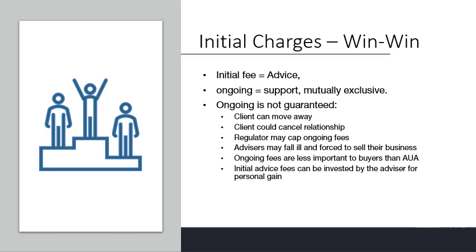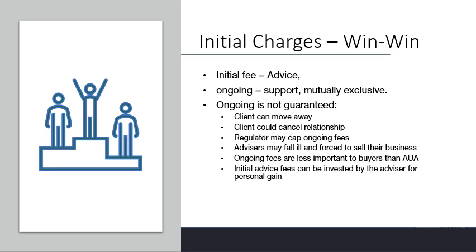Ongoing fees are less important to buyers of your business than assets under advice. They would rather buy your assets that the clients have invested than necessarily the fees they're looking for. They can always adjust the fees, but they can't adjust the assets that they're buying.